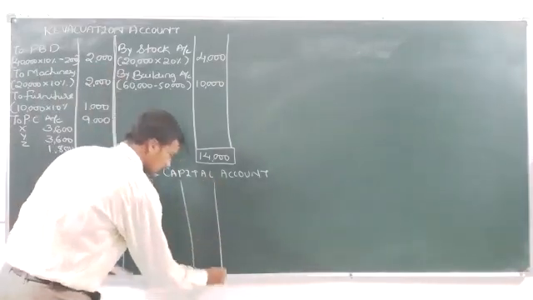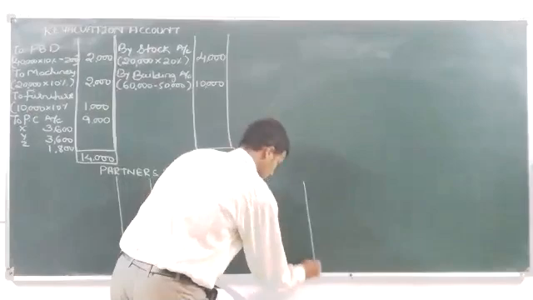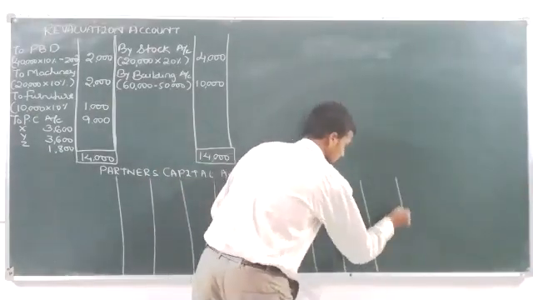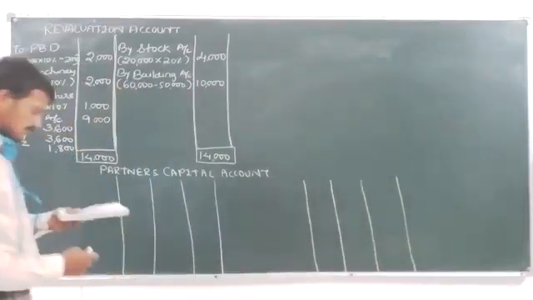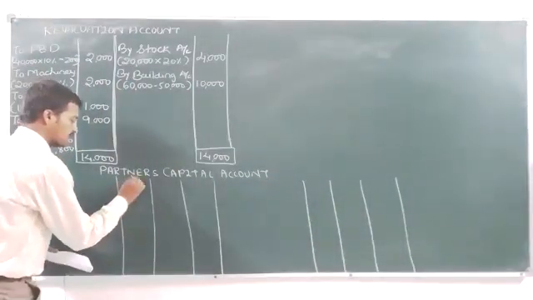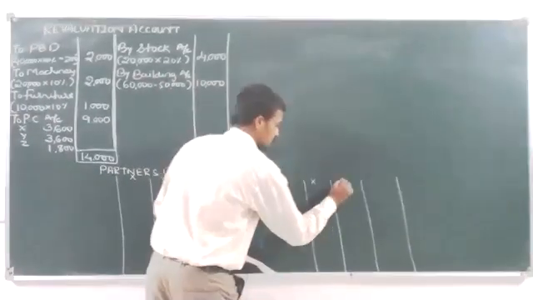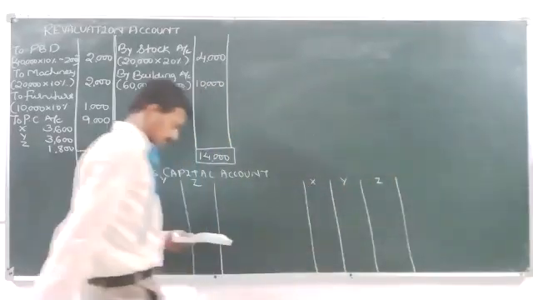One, two, three partners. And here also 1, 2, 3. So totally 3 partners, and the names are X, Y, Z, and here also X, Y, and Z.